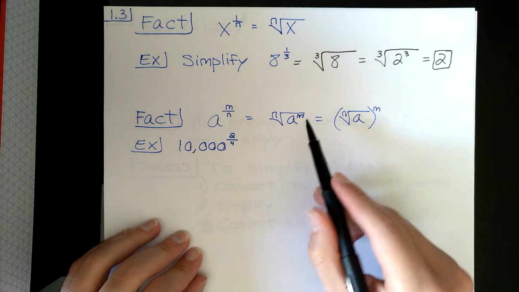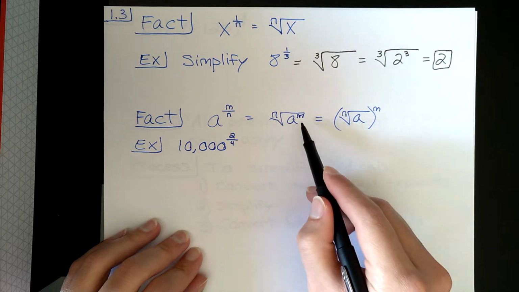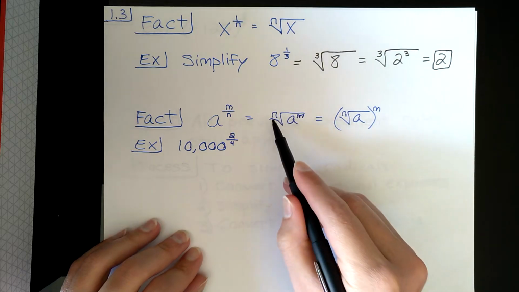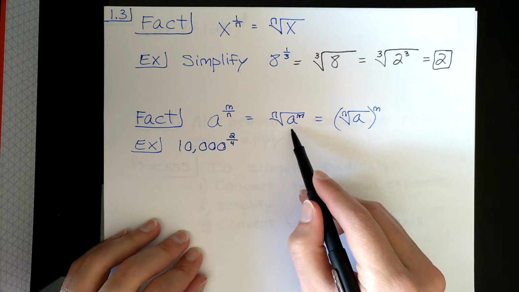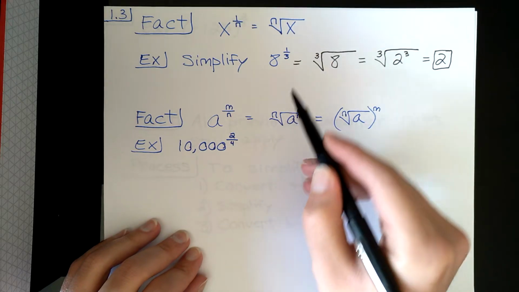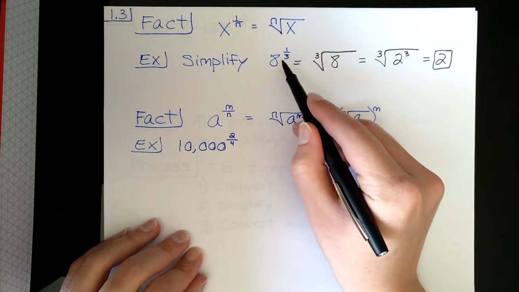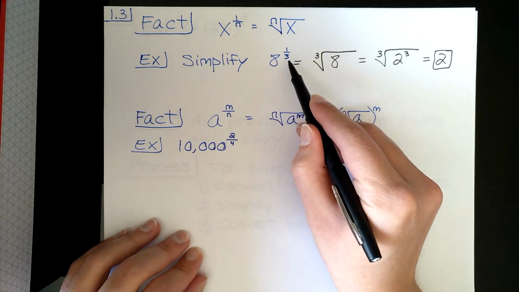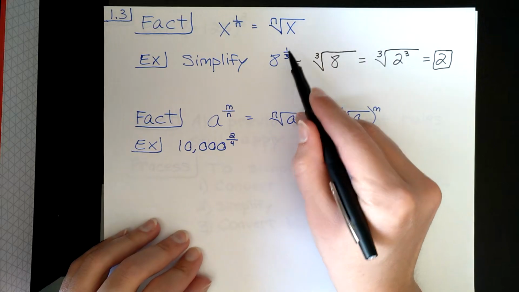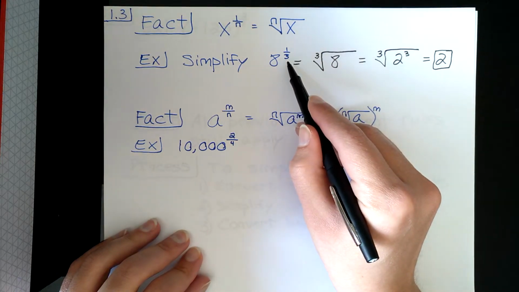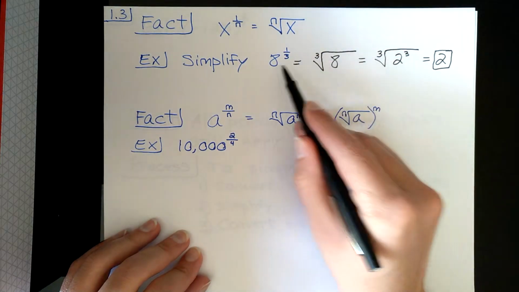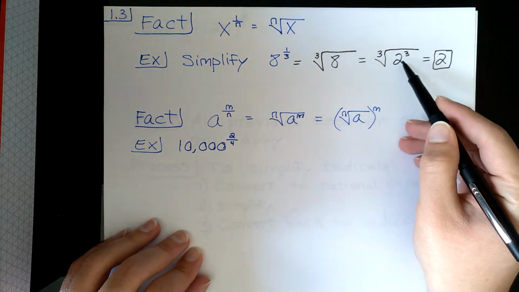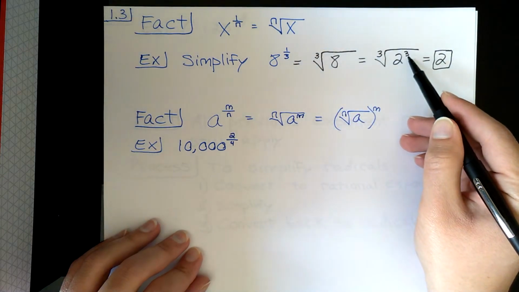We use this first one if we cannot simplify the nth root of a. So for instance, if we were doing this last problem and we had 4 to the 1/3 power, we cannot simplify 4 to the 1/3 power. Notice we can simplify 8 to the 1/3 because 8 has a power of 3.